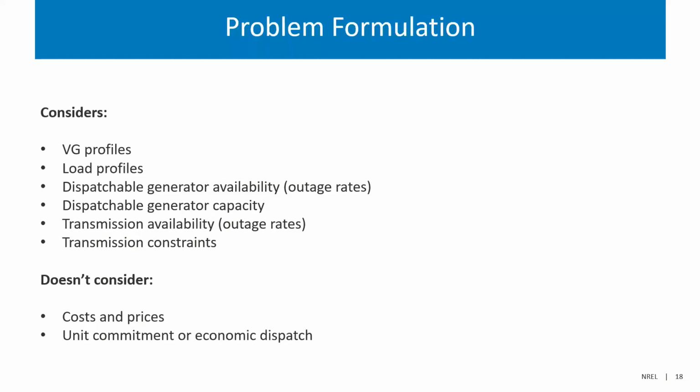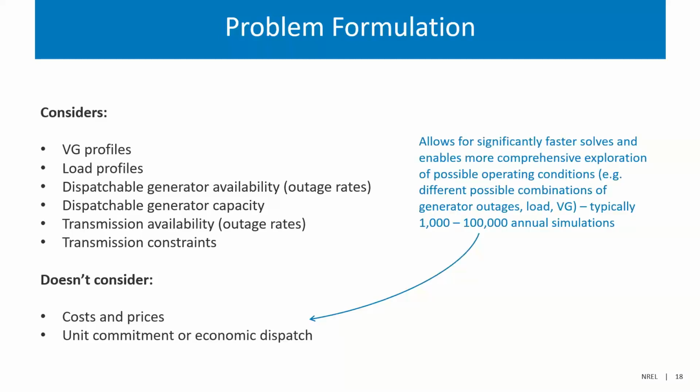PRAS would consider your variable generation profiles, your load profiles, the dispatchable generator availability, so the outage rates, the dispatchable generator capacity, and also the transmission availability, so the outage rates and the transmission constraints. However, it does not take into consideration costs and prices, and it does not perform unit commitment or economic dispatch.